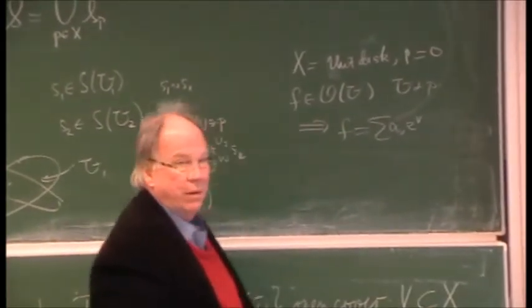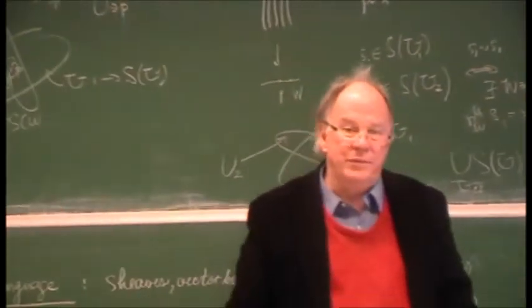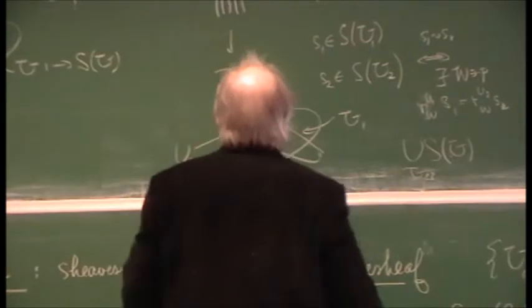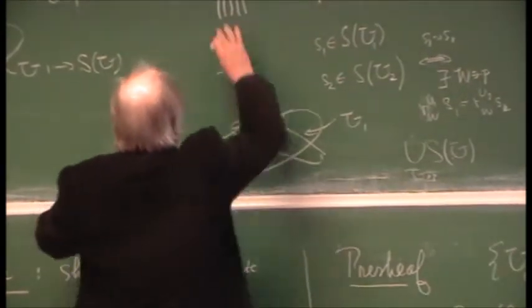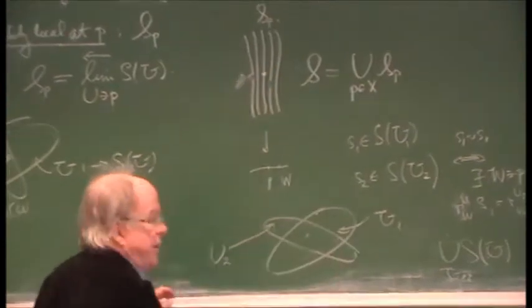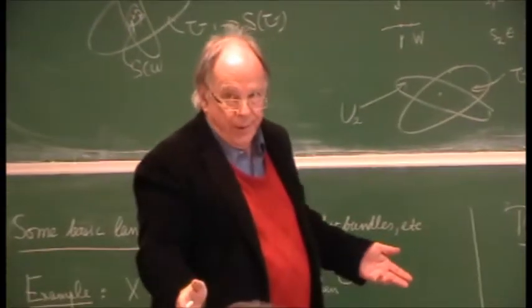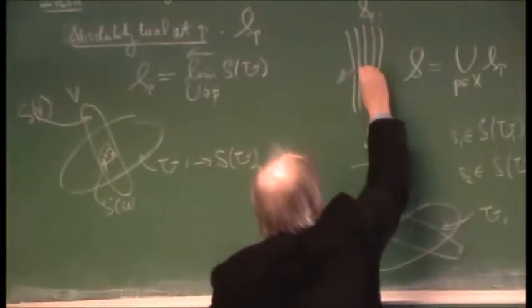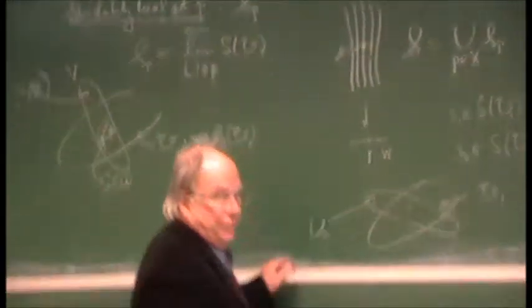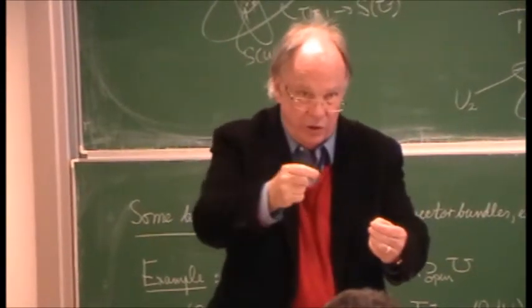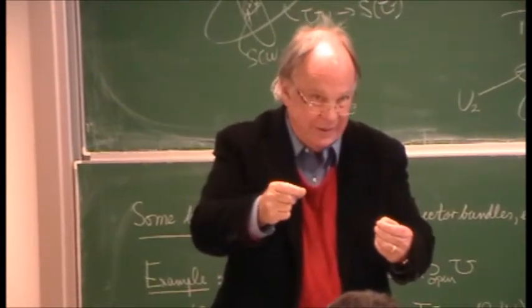Now look what you have. You have an element here, a convergent power series somewhere, and you take a representative of it. That means you get something here, because it's converging somewhere and you can look at its germ in each place.